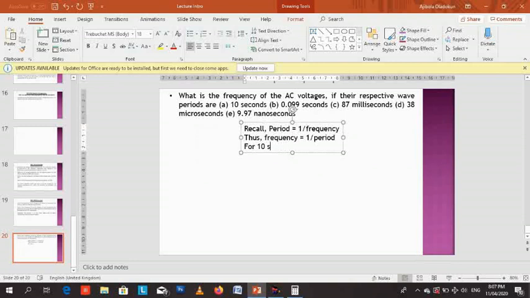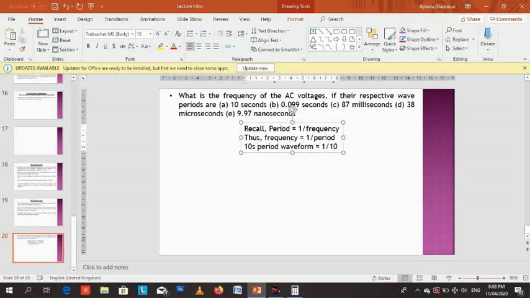So for a 10 seconds period signal, you can either use the symbol for second, which is s, or write the unit in full, seconds. For an AC signal with a 10 seconds period, it needs about 10 seconds to have one complete cycle. That's a pretty slow signal. You should expect the frequency to be low.